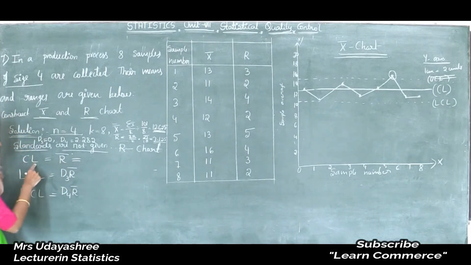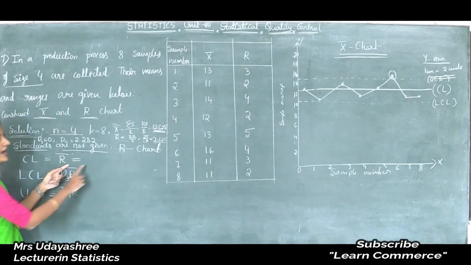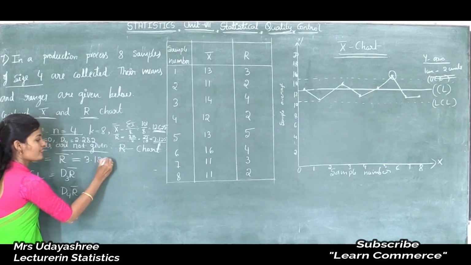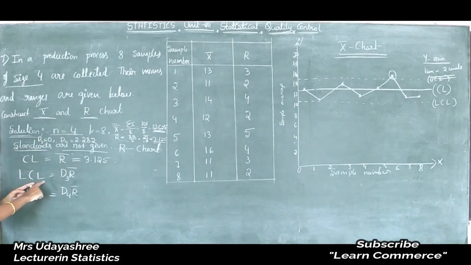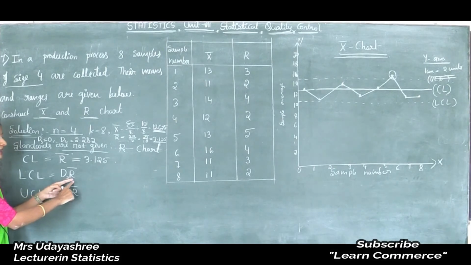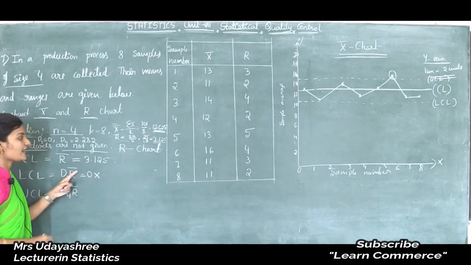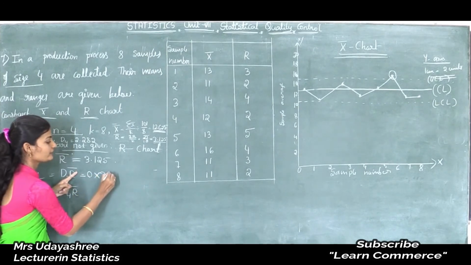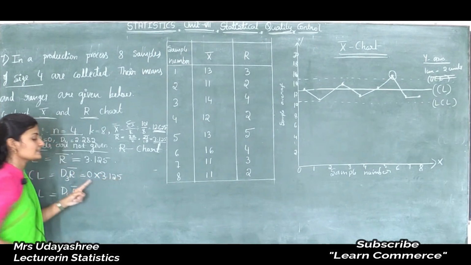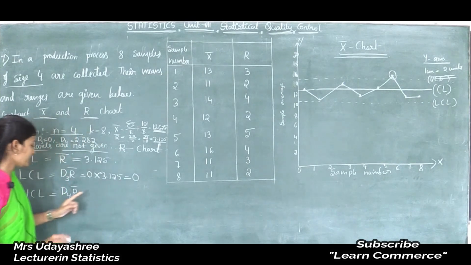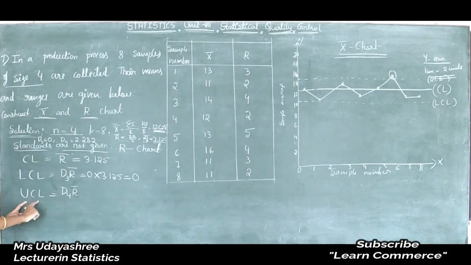Okay, next. Now I will substitute these values into these formulas. Because here the central line formula is R bar. So R bar value is 3.125. Next, to calculate the lower control limit, the formula is D3 into R bar. Here D3 value is 0, then R bar value is 3.125. See, 0 into 3.125 is 0 only. Next, to calculate the upper control limit, the formula is D4 into R bar.